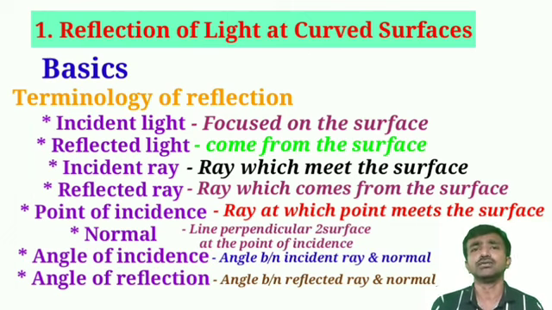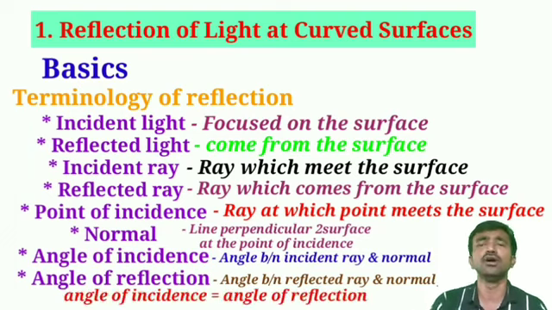Do they have any relation? That means, do the angle of incidence and angle of reflection have any relation between them? If you measure the angle of incidence as well as the angle of reflection, you can realize that both are equal. This is called the law of reflection.